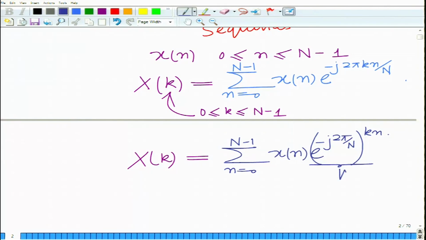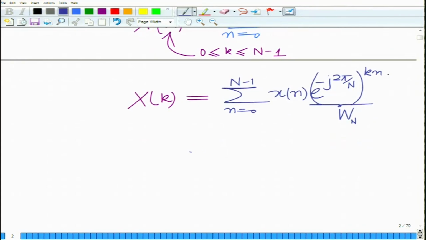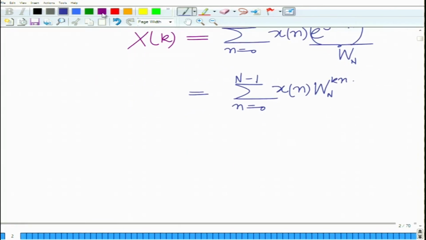Now, if I denote this as W_N, then I can write this in a very succinct fashion as summation n equal to 0 to N minus 1 x[n] W_N to the power k n.